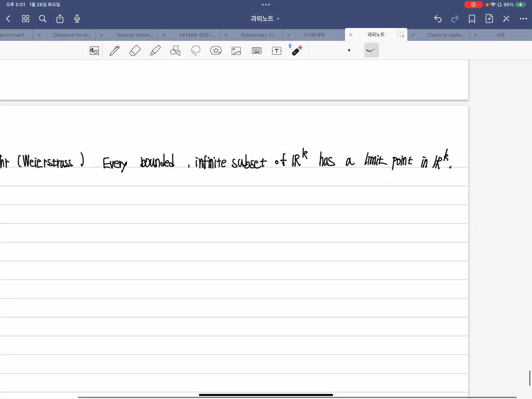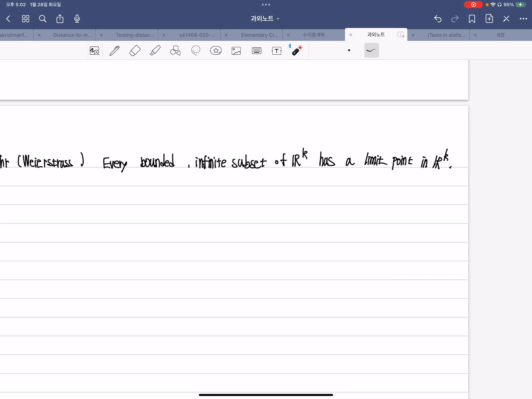Every bounded set is contained in a k-cell, and a k-cell is compact. If E is a compact set, then any infinite subset of E has a limit point in E. In this case, the set E is a k-cell.